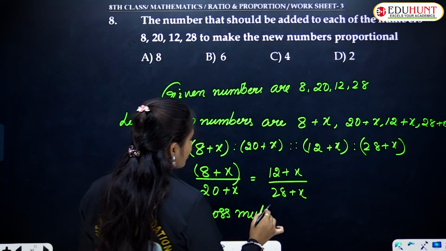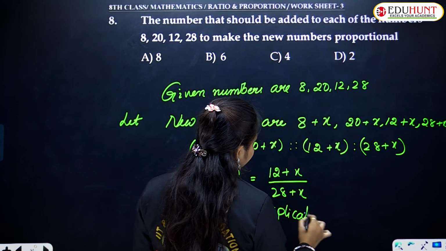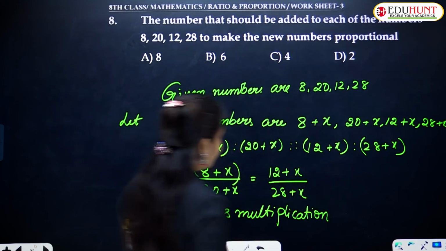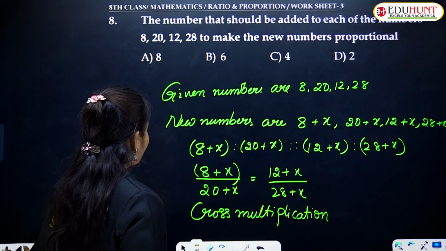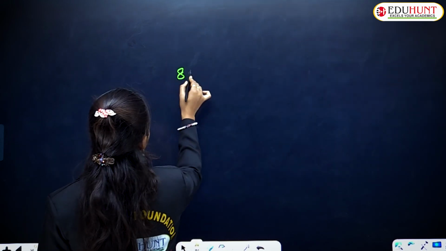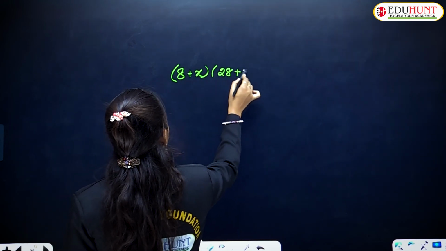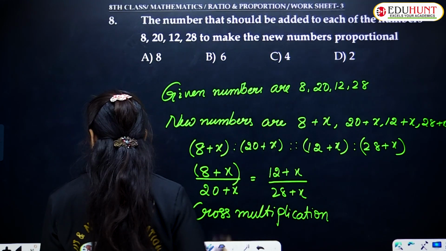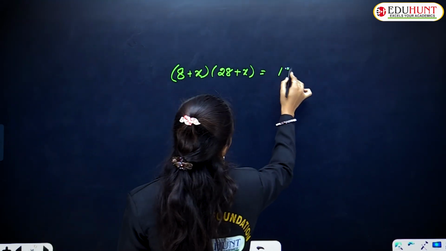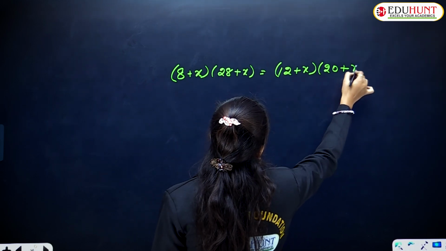While doing that cross multiplication, we will get the value. Just go for the cross multiplication. 8 plus x into 28 plus x equals 12 plus x into 20 plus x.